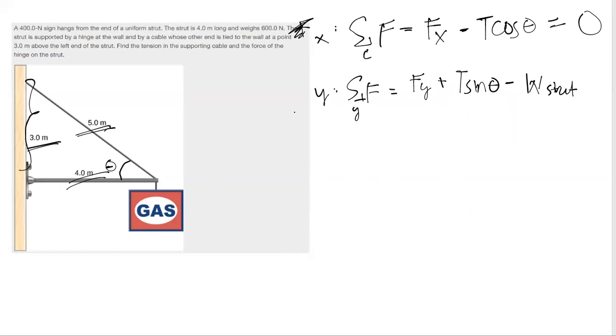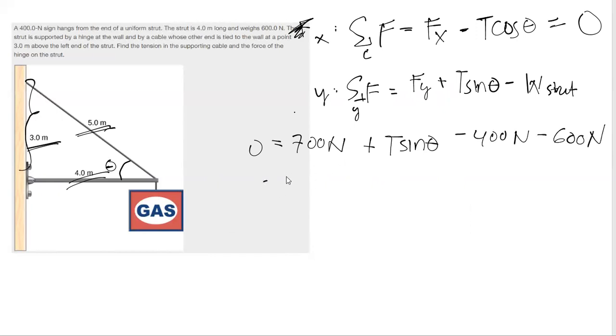So I know my y force along the y is 700 newtons. So ibig sabihin, 0 is equal to 700 newtons plus T sine theta minus 400 newtons minus 600 newtons.